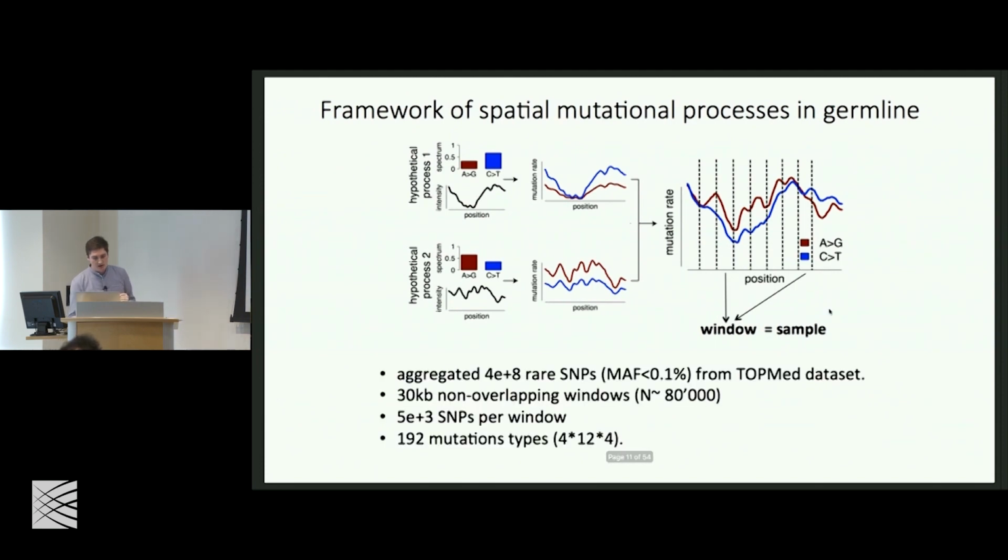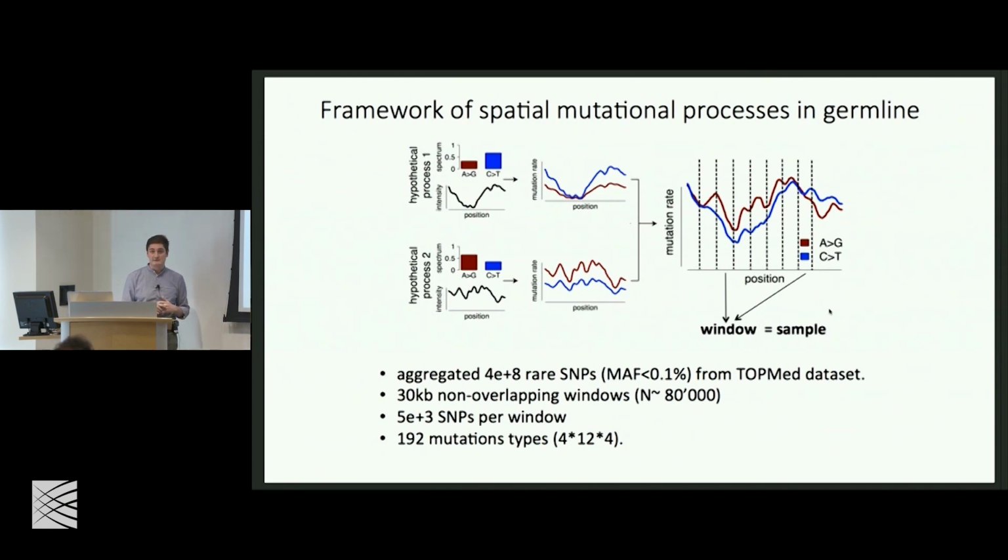And so, to have sufficient power to make statistical analysis, we aggregated all rare SNPs as a proxy of de novo mutations from a population variation dataset, the TopMed dataset, and we got around 500 million events.